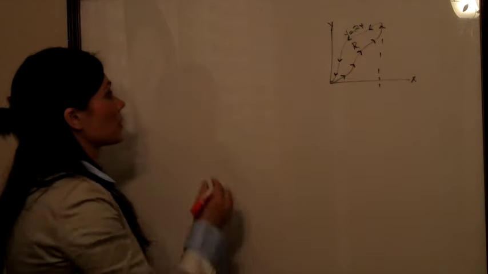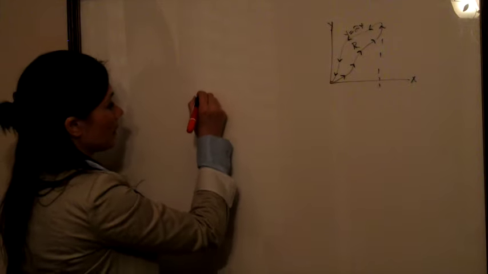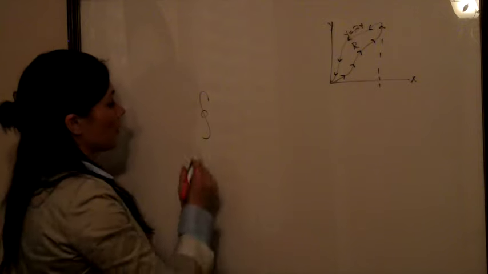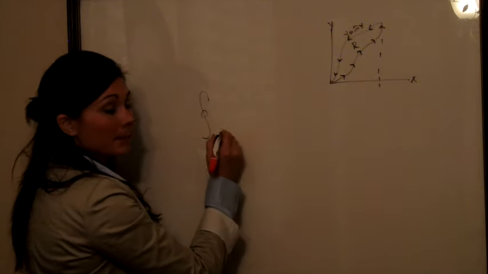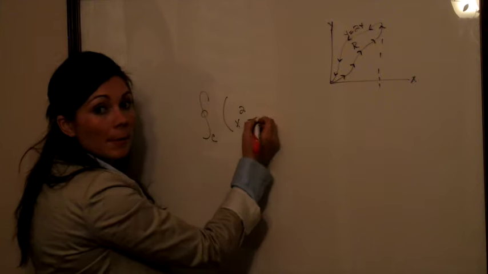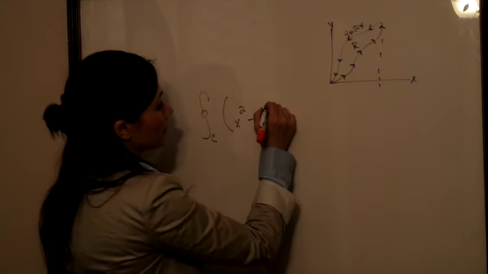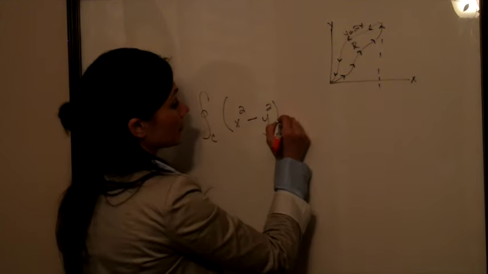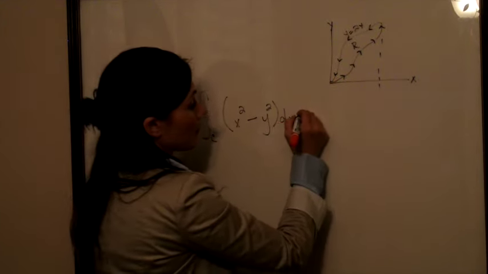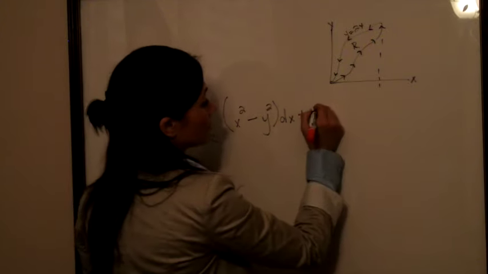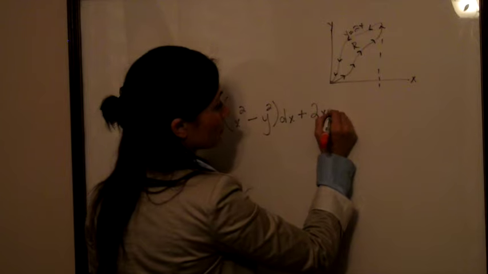So for this, our function is going to be the integral on a closed boundary C, where we'll have x squared minus y squared dx plus 2xy dy.